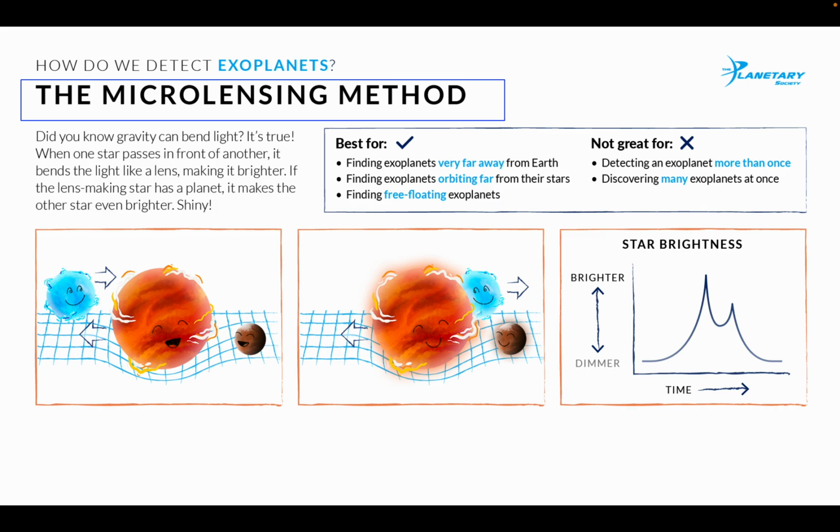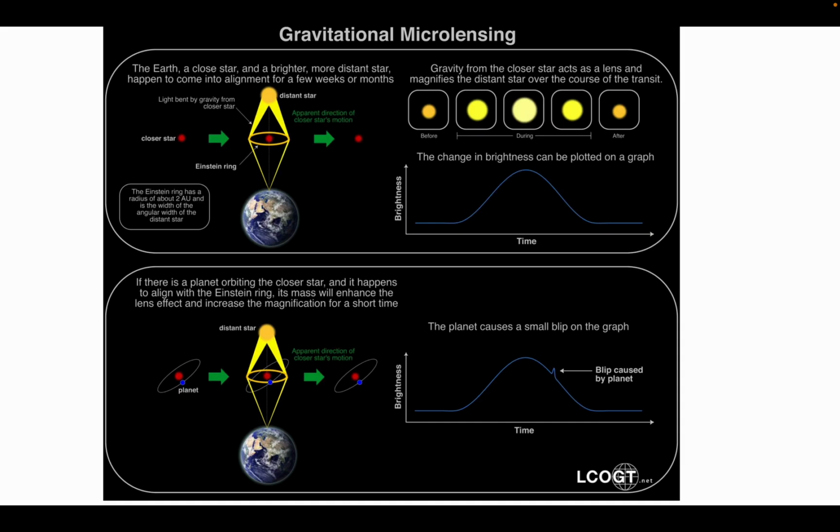The next method is the microlensing method. We discussed that suppose here is a very distant star which has very high brightness. When some closer star makes an apparent motion in this direction, you can see there will be a brightness rise in the distant star, and you can plot this brightness change against the close star's apparent motion, or time as it goes on.